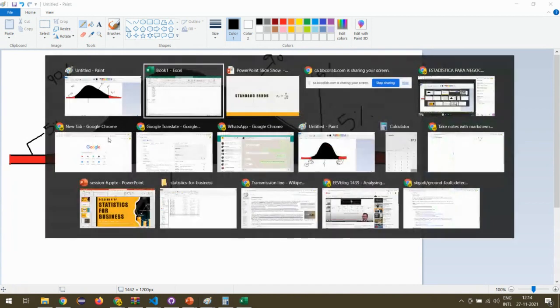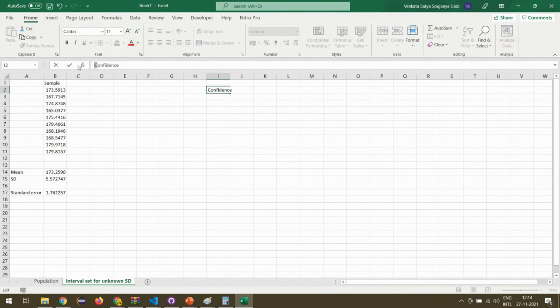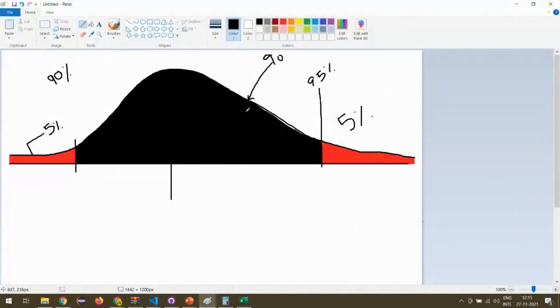So we want to calculate this. Let me write this here. So we want a confidence interval, required confidence, let us say the required confidence is 90. So the painted region in black is 90.